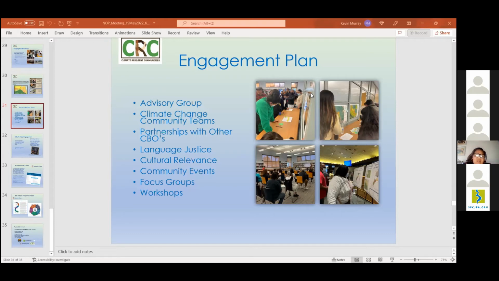Climate Resilient Communities, or CRC, will also engage and seek guidance from our climate change community teams in Belhaven and East Palo Alto, which is another existing structure to ensure that community leadership is engaged with this project.